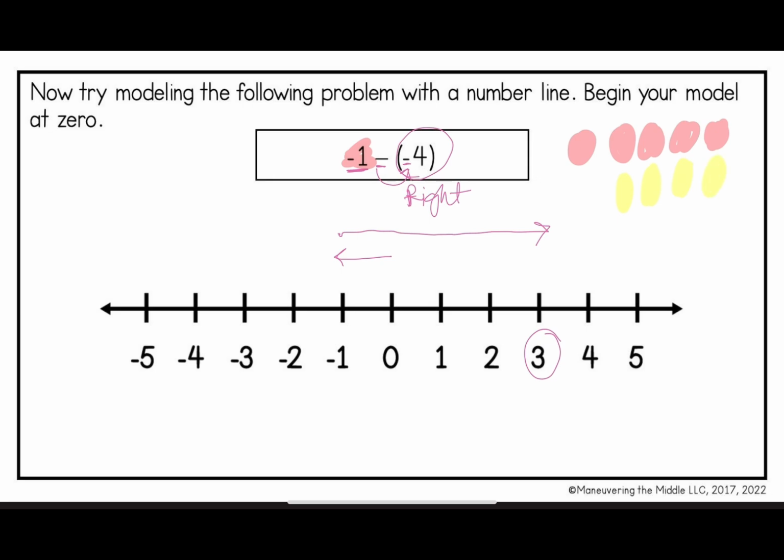And now I have enough negative counters to take away. 1, 2, 3, 4. Now, this doesn't mean my answer is 4 positives and a negative, because these are still a 0 pair right here. Those cancel each other out. So my answer is positive 3.